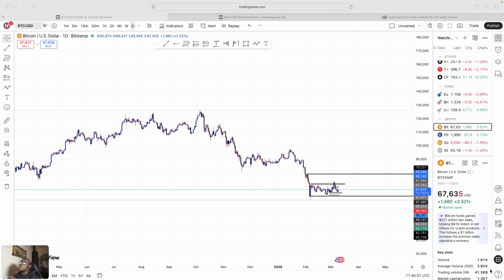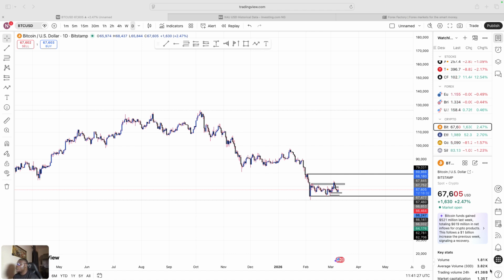First thing first, let's talk about what support is and what resistance is. Support is a price level that buyers are looking to take their buy setup from. It's very simple as that. Resistance is quite the opposite: a level where sellers are looking to sell the market.